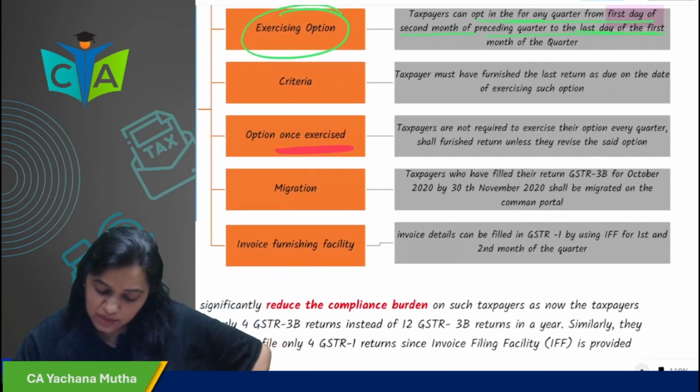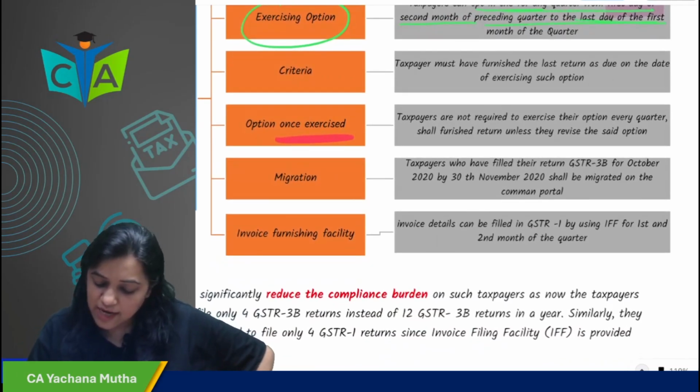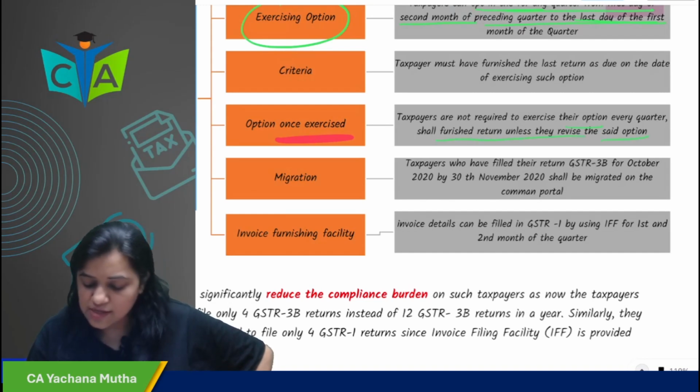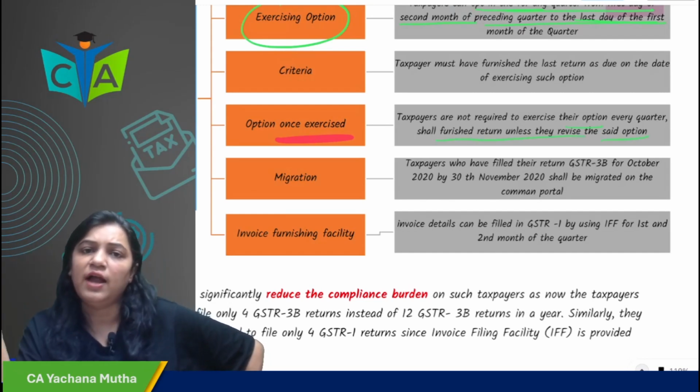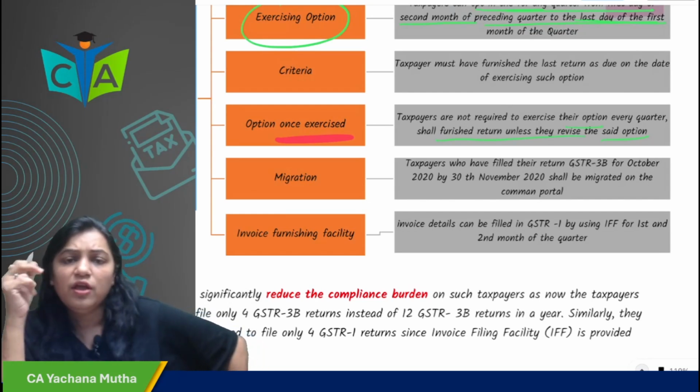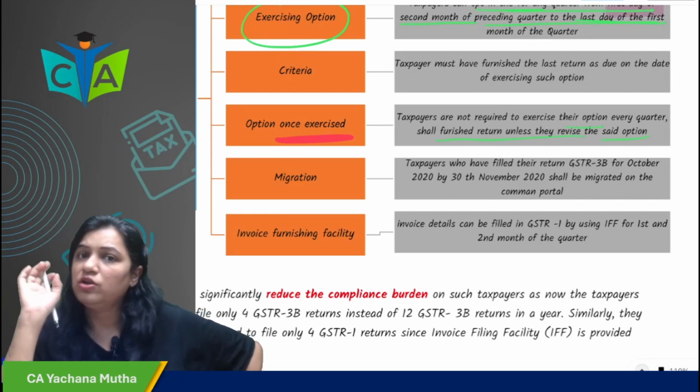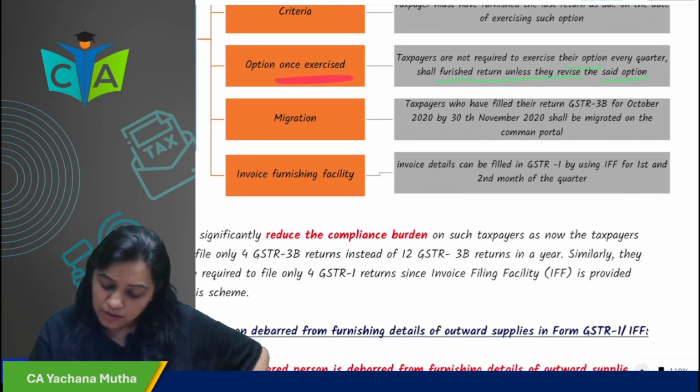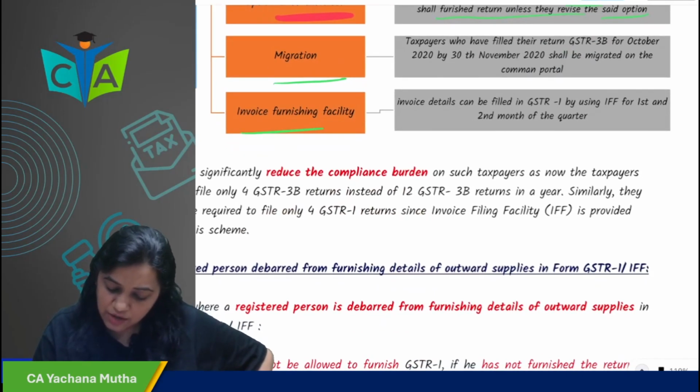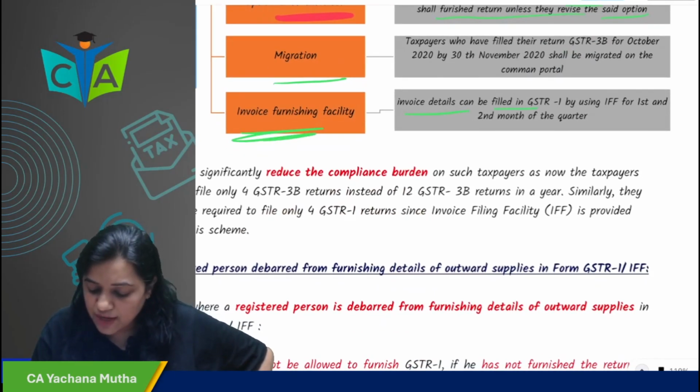Once the option is exercised, taxpayers are not required to exercise the option every quarter until they revise the said option. So once you have exercised the option, until and unless you revise it, you will continue under the QRMP scheme. Migration is not relevant now. Invoice details can be filed in GSTR-1 using IFF for the first and second month of the quarter.